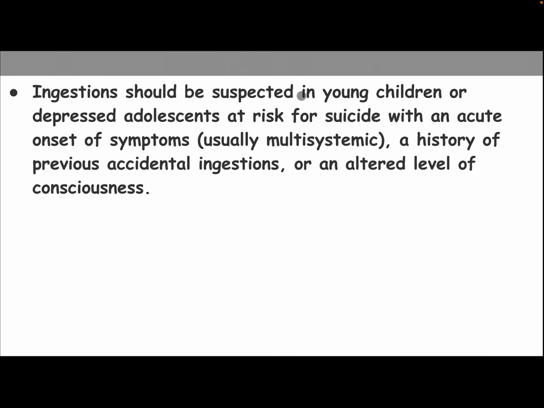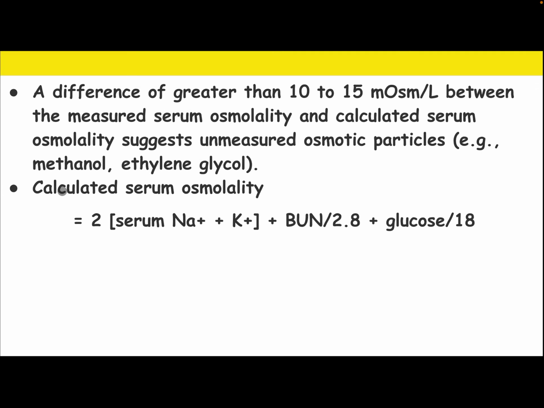Ingestion should be suspected in young children or depressed adolescents at risk for suicide with an acute onset of symptoms, usually multisystemic, a history of previous accidental ingestion, or an altered level of consciousness.